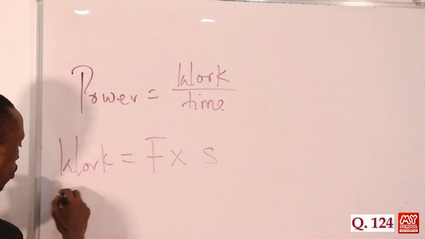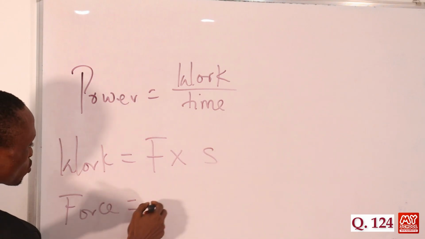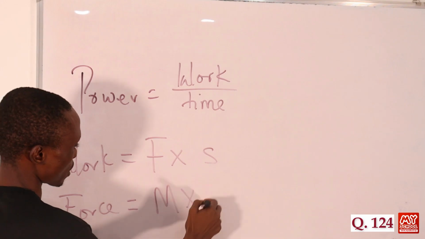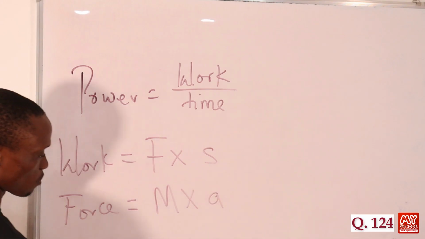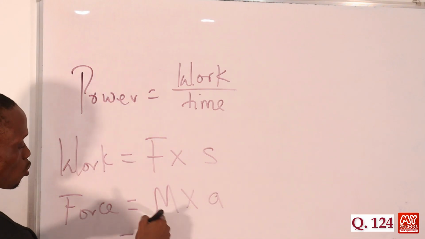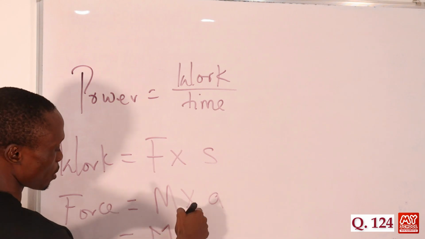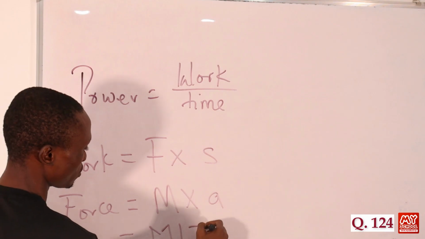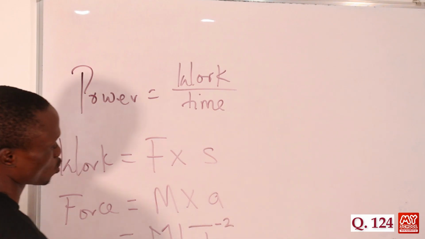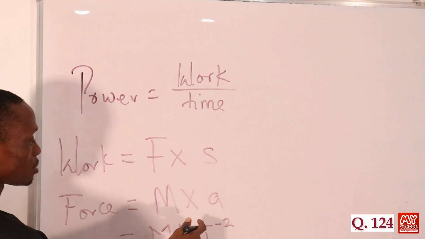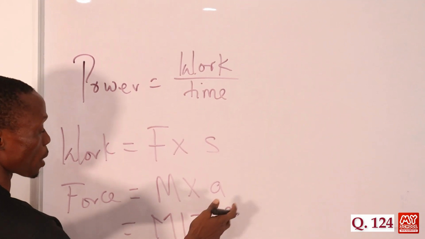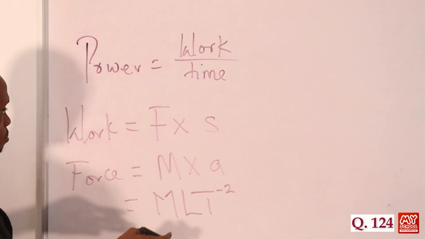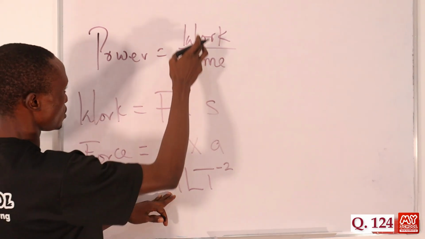And remember that force is equal to mass times acceleration due to gravity. The dimension of mass is M, and the dimension of acceleration due to gravity is LT raised to power minus 2. So let's move up and replace this here.